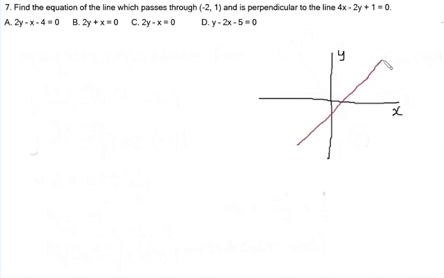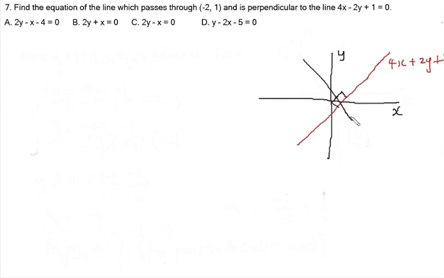This may not be the true way the line is aligned, but let's just say this is it. 4x plus 2y plus 1. Okay, and then now say another line is perpendicular to this line. So the perpendicular line should be something like this. So this line makes a 90-degree angle with this line.